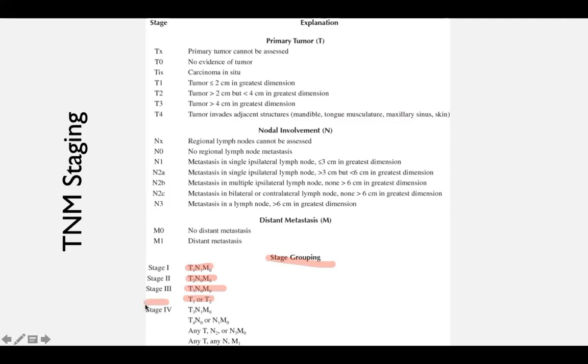And then stage 4 is T3, N1, M0, T4, any T with N2. So up to stage 3, it was N0 and M0. But in stage 4, we got N1, N2, or maybe N3.